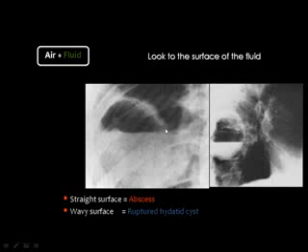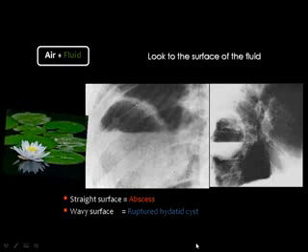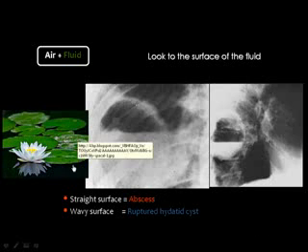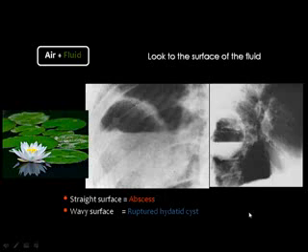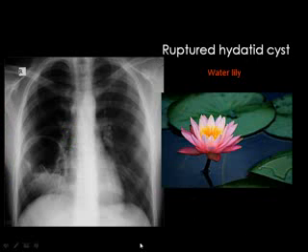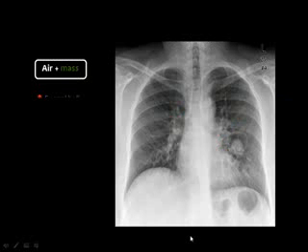Then you can see that the surface is not straight, it is wavy, and this is what we call the water lily sign. This represents a ruptured hydatid cyst, and the straight fluid level represents the abscess. And this is the classic appearance of a ruptured hydatid cyst with a wavy internal air fluid level.